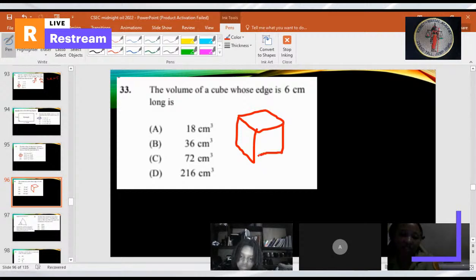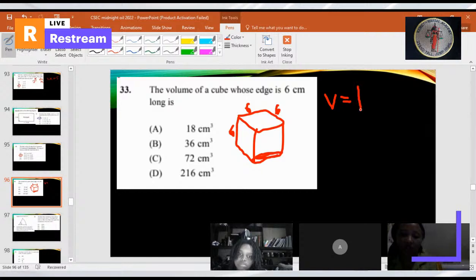And let's say the edge, so we're pretending this is a cube. So that is 6. And in a cube, all edges are the same because it's a square box. So the length is 6, the height is 6, the width is 6. All edges are 6. All right, so how do we find the volume? By multiplying 6 by itself 3 times, or 6 cubed.